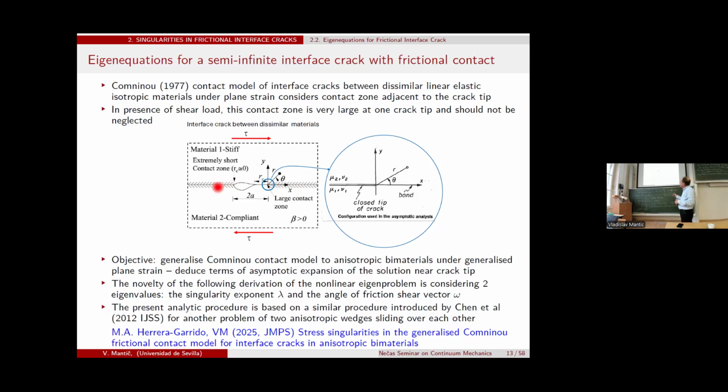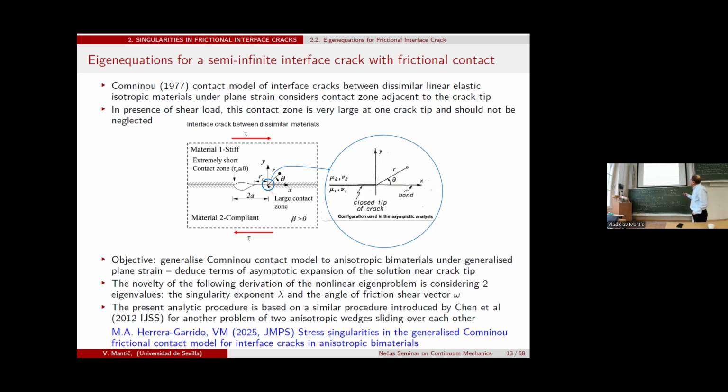Comninou showed theoretically that at each crack tip there is a contact zone, but in this case it is of extremely small length, and the other can be half or even larger in comparison with the length of the crack. Okay? So if you look at this region near this crack tip point, we have this situation.